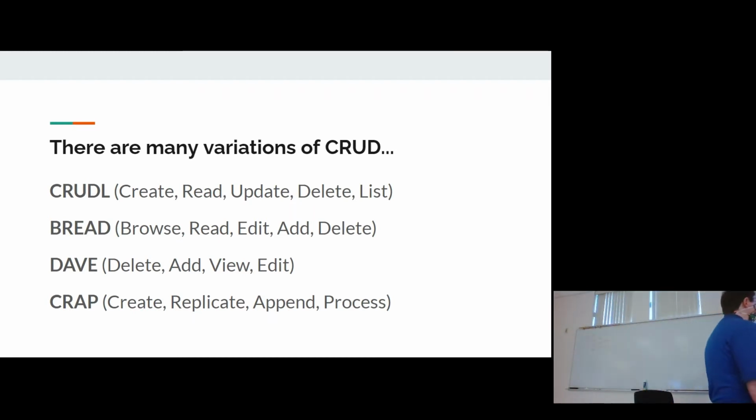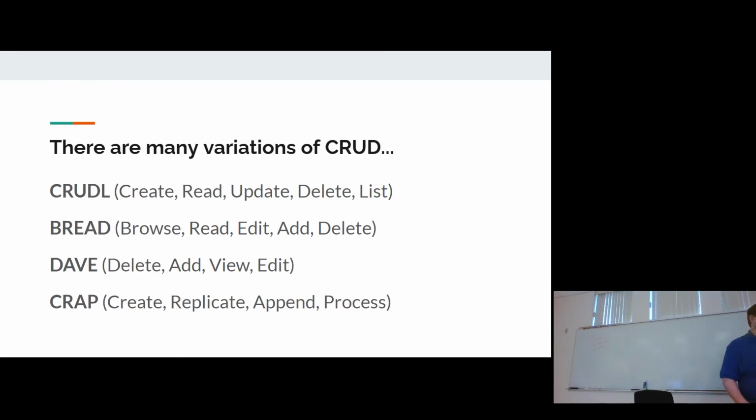Okay, there's a lot of different variations, in fact, that people have suggested to CRUD, because there's some things that have happened and some things that maybe need more clarification. So these really aren't very popular acronyms, but they've been suggested as maybe enhancements to those ones.